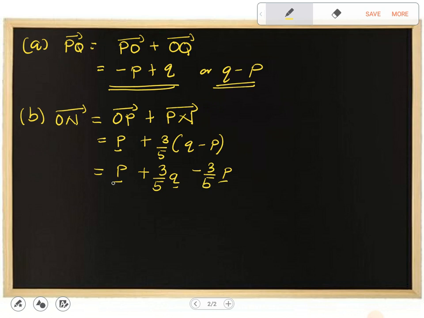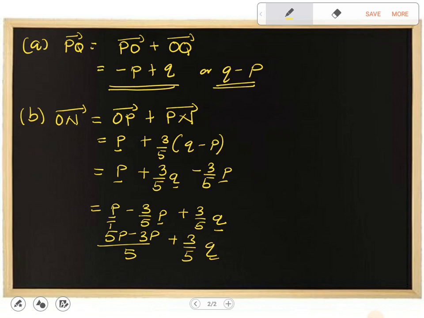This one and this one can be collected together because they are like terms. They all have got P. So we can say P minus 3 over 5 P plus 3 over 5 Q. Here the common denominator is 5, so I get 5P minus 3P over 5, plus 3 over 5 Q. 5P minus 3P, we get 2 over 5 P plus 3 over 5 Q. That is ON.